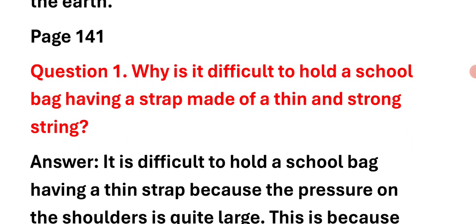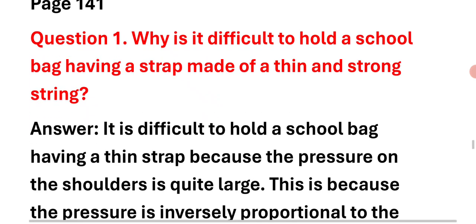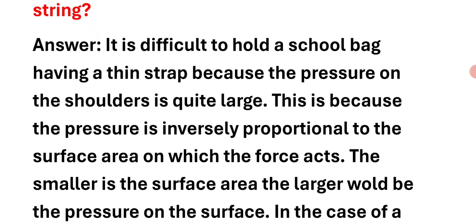On page number 141, question number 1. Why is it difficult to hold a school bag having a strap made of a thin and strong string? Right answer. It is difficult to hold a school bag having a thin strap because the pressure on the shoulders is quite large.